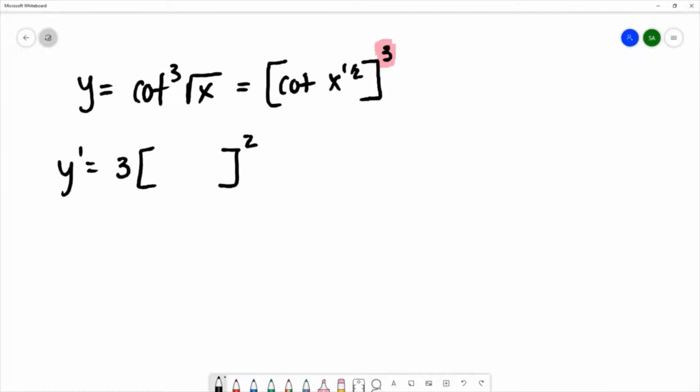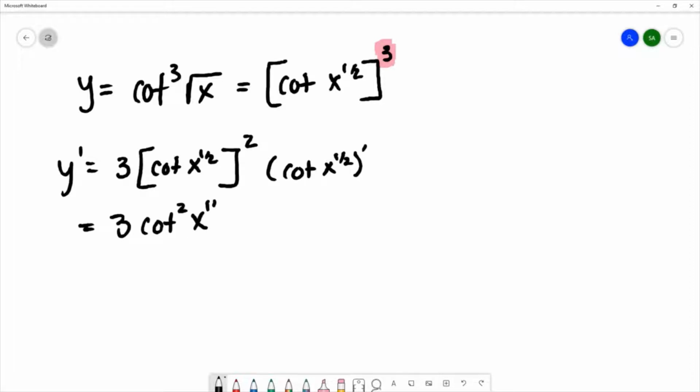Then I'm going to leave the inside alone and chain by multiplying by the derivative of the inside. So then I have 3 cotangent squared x to the 1/2. And I need to take the derivative of cotangent of x to the 1/2.